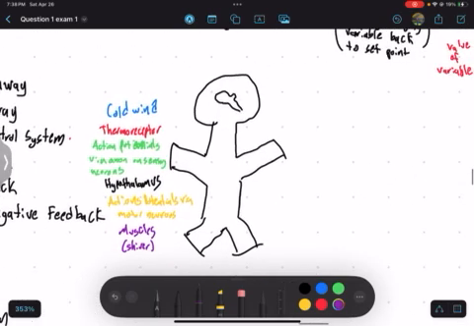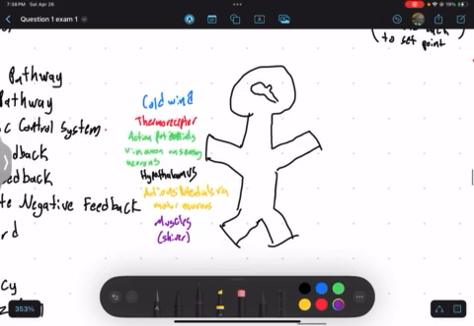Now, using this example, I'm going to teach a little bit about hierarchy.